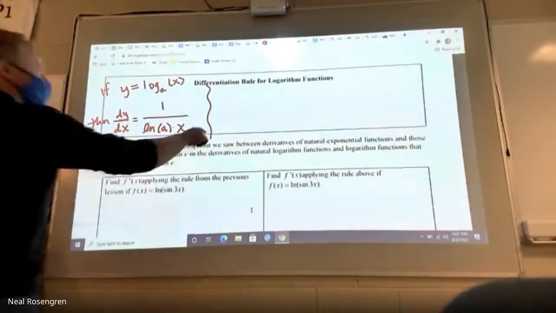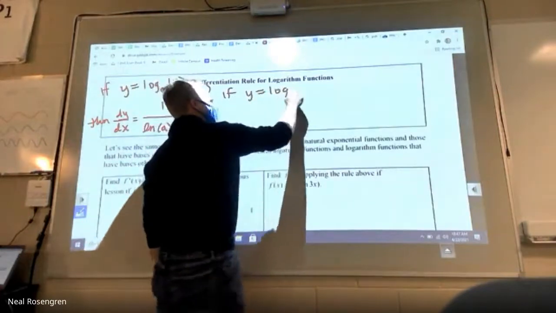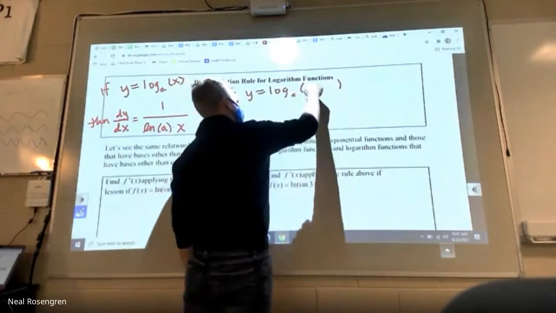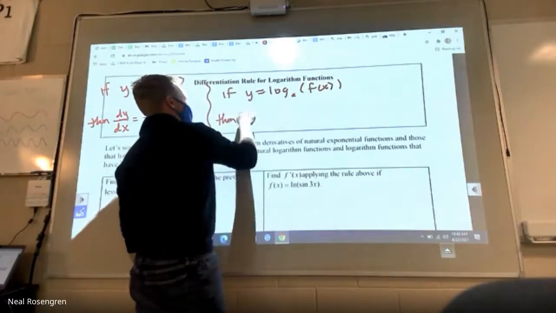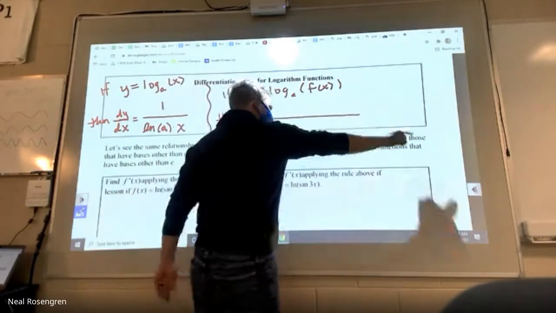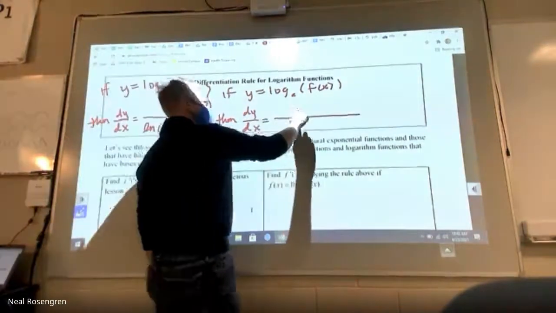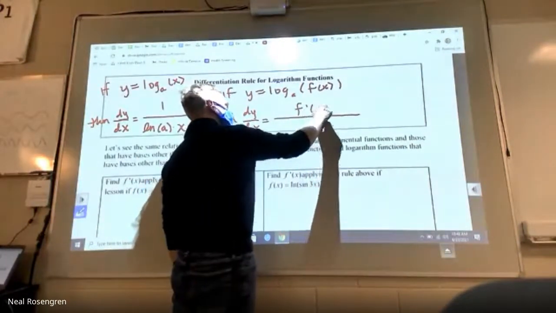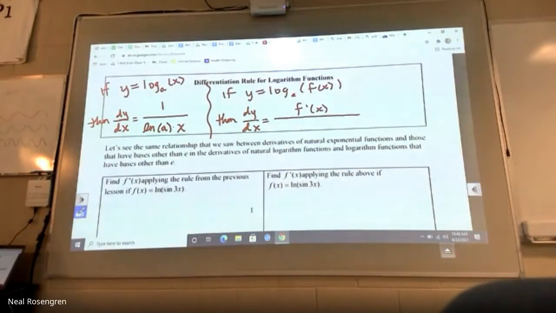That's probably not the version we're going to see very much. Certainly in this practice, we're probably going to be dealing more with log base a of something more than just x, a little f of x in there. So then our dy dx looks very, very similar to the one that we had last time. Derivative went up top, right? So f prime of x, still true. And on the bottom, it used to just be the original f of x, whatever the inside function was.